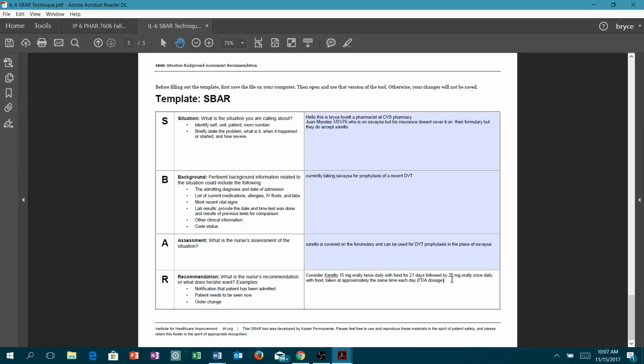So I had to change my approach to "consider" or "what do you think about." I started using "what do you think about" instead to make it more palatable. Later on, once they realized that I was pretty spot on, I started changing to being more direct, and they'd say, oh, what do you want to do? I'll just go ahead and do it. So that's really important, to be able to feel your prescribers out.